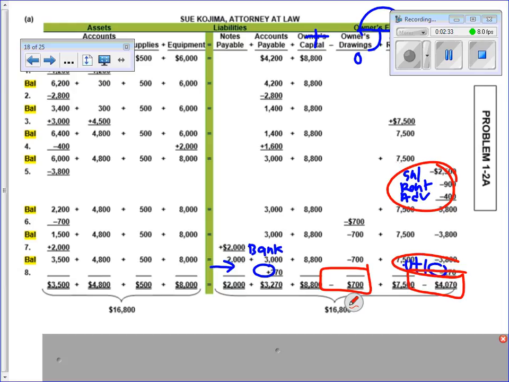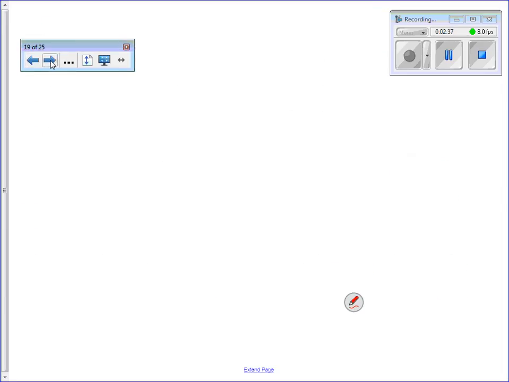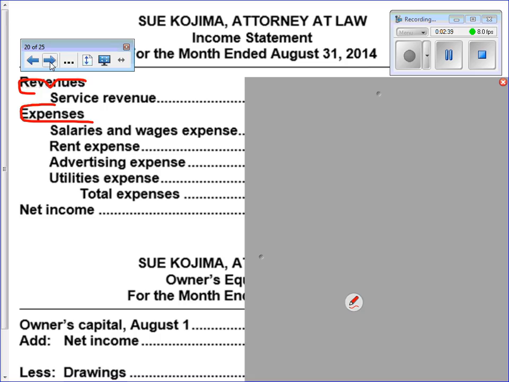I was writing salaries, rent, advertising, and utilities because I knew I'd probably forget what those were. You basically are looking at your expense column anytime there's a minus and grabbing from there. Why do we have total expenses now when we didn't before? Because there's more than one.